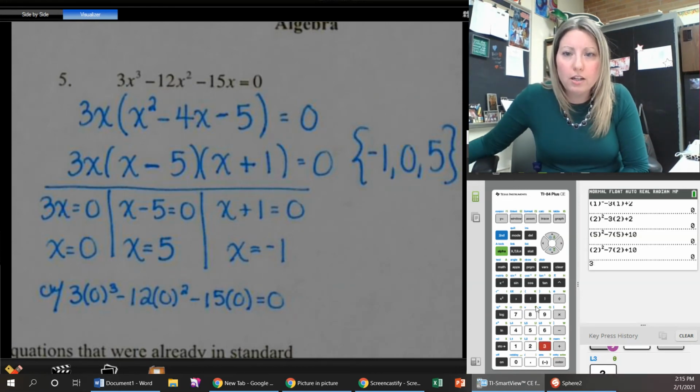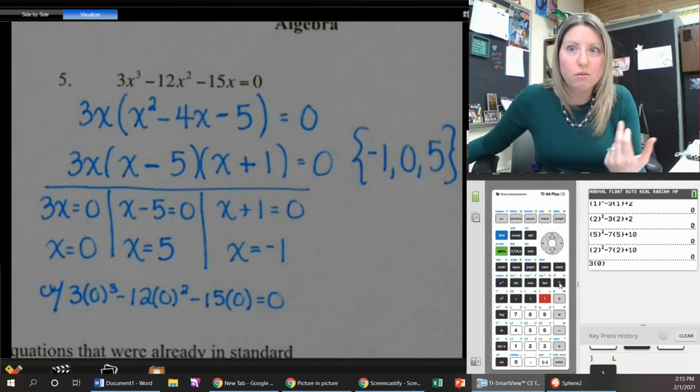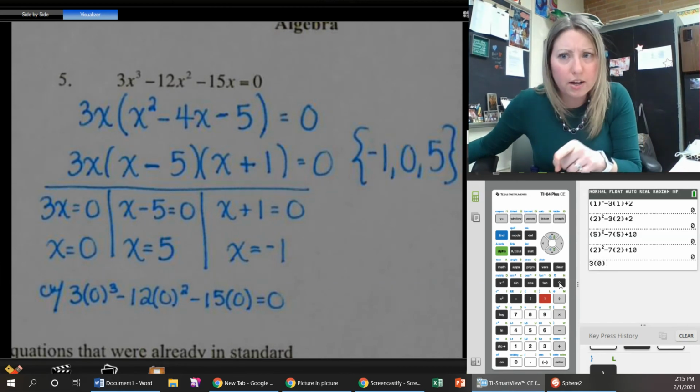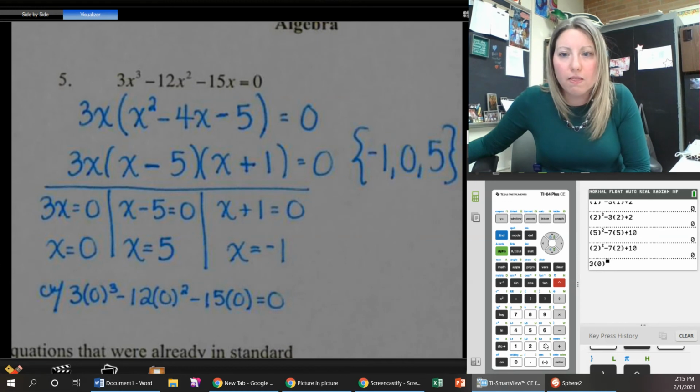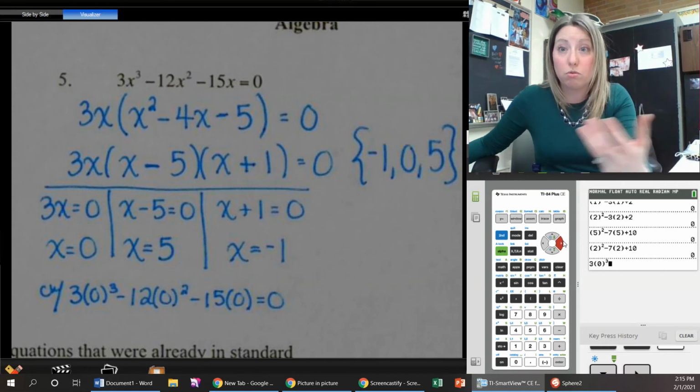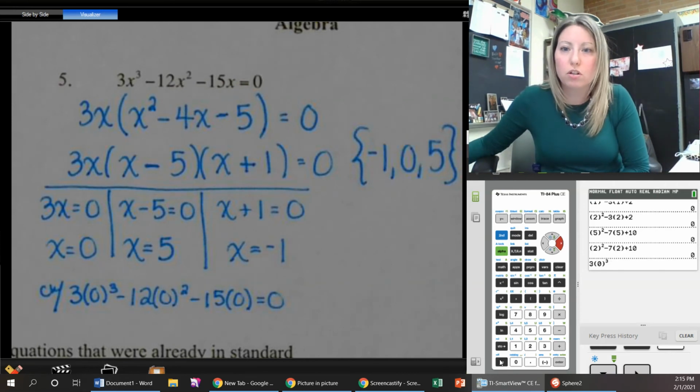So 3 times 0 cubed. Not that this is that challenging, right? 0 cubed is 0, 0 squared is 0, and times 0 is 0. So this one actually checks out pretty quickly, but let's get it in there so that we can continue plugging in different answers.